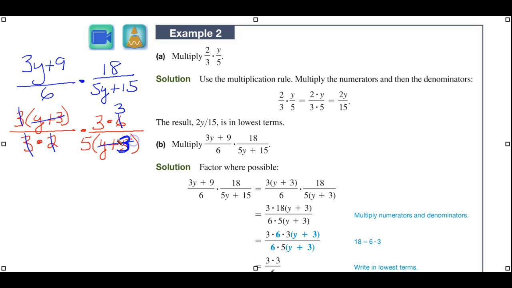Okay, that's better. So on our top, we're left with 3 times 3, which is a 9. And on our bottom, we're just left with a 5. So we were asked to multiply, but often they basically want you to factor and simplify. And again, be careful how you do that.